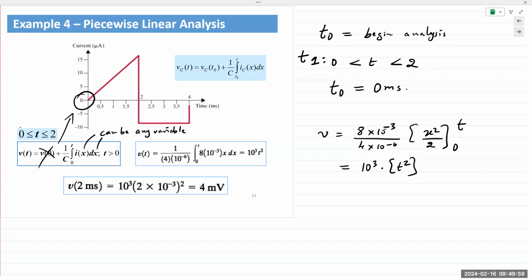Function of time, right? This equation is only valid for the defined time period. Okay, it's only valid for that defined time period.